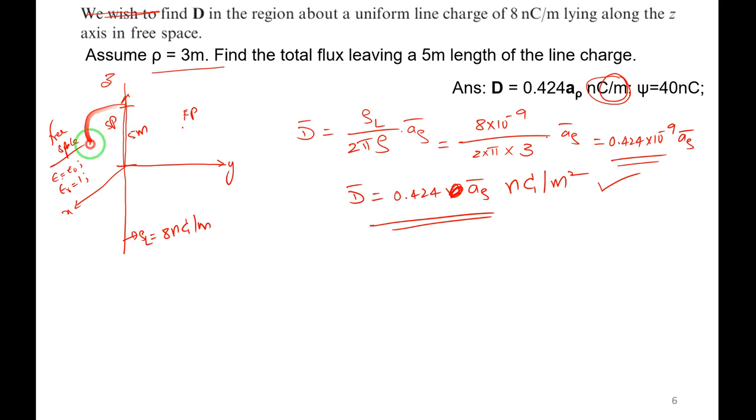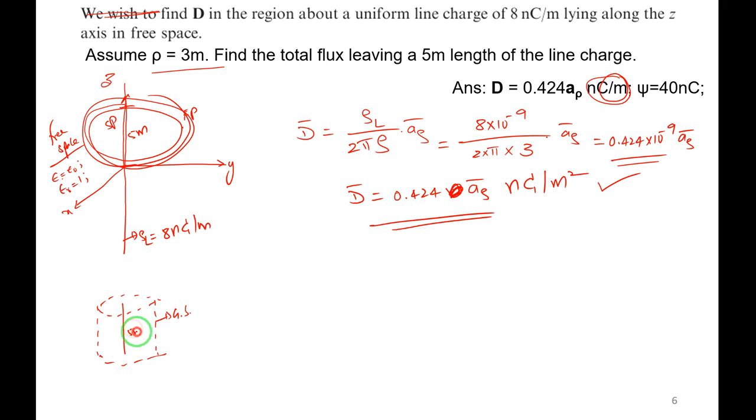The better suitable enclosure is the cylindrical surface. This is the closed surface, the Gaussian or imaginary surface, right?